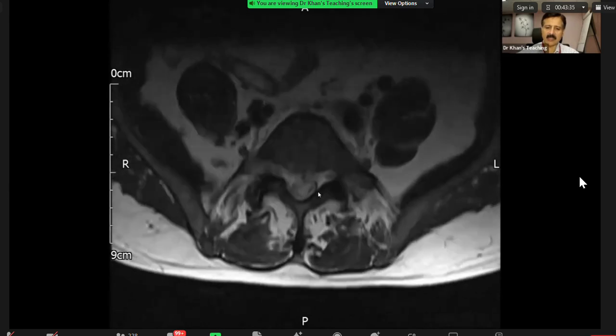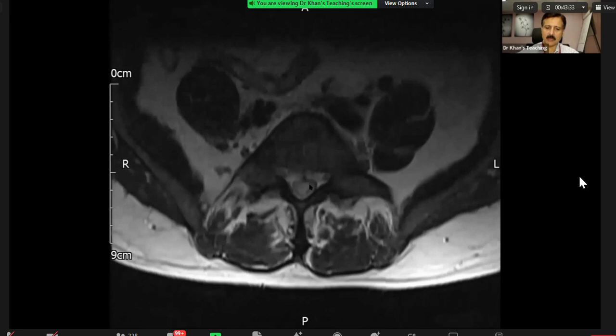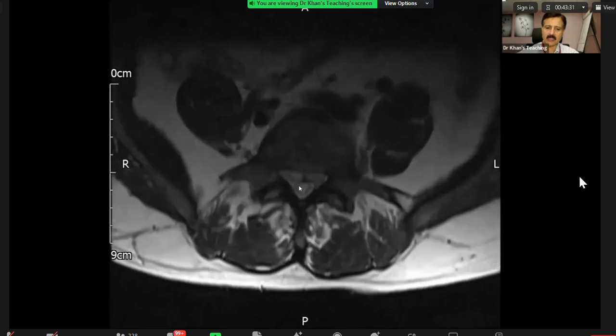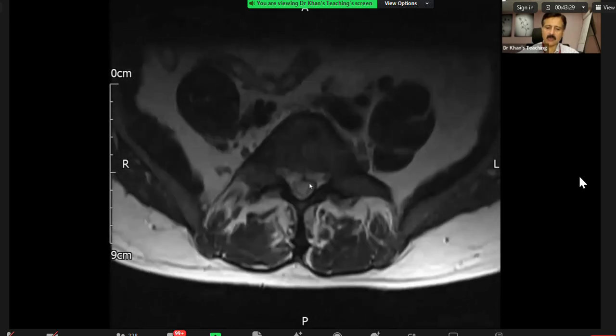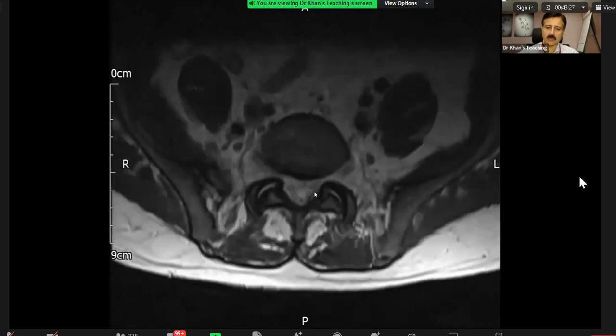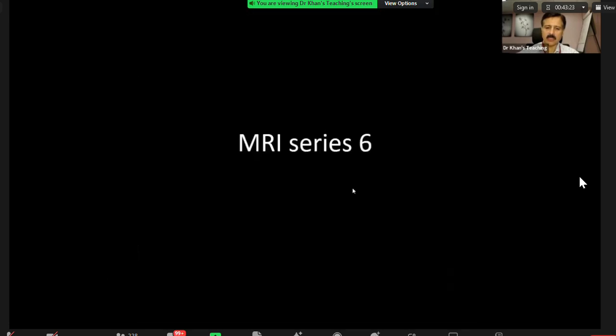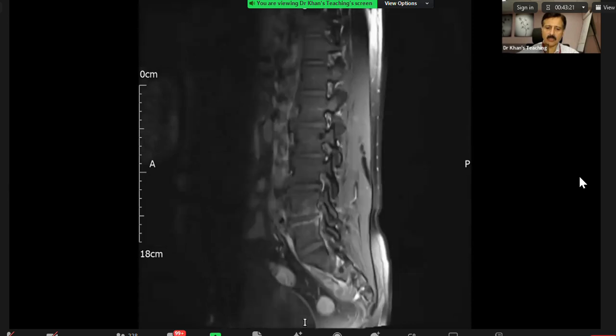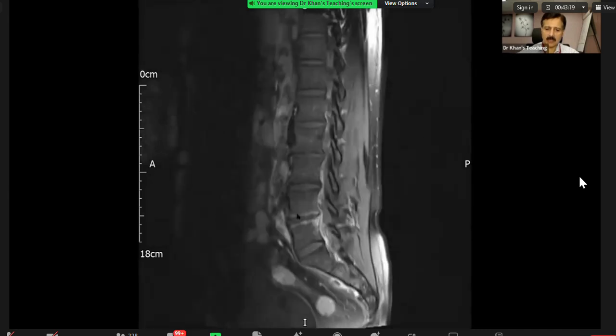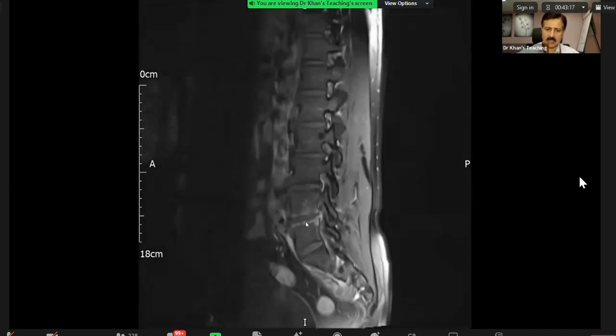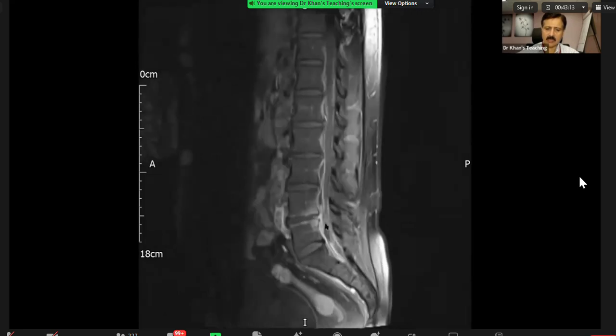And now on post contrast, it will become clear that actually this is an abscess, and it will not enhance. So from here we jump to the post contrast, and now you can see that the end plate is enhancing and the central part is not enhancing, meaning there must be liquefied matter there also.